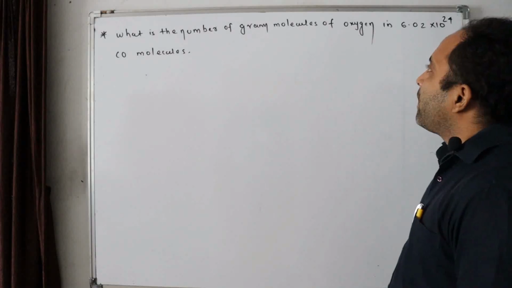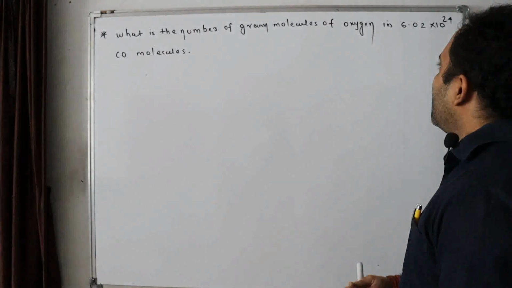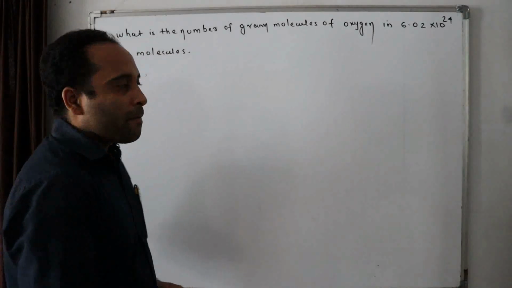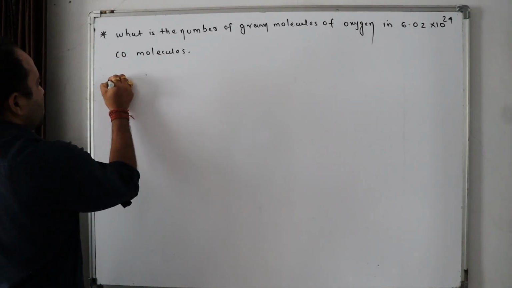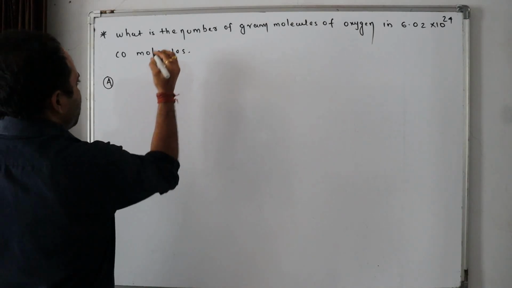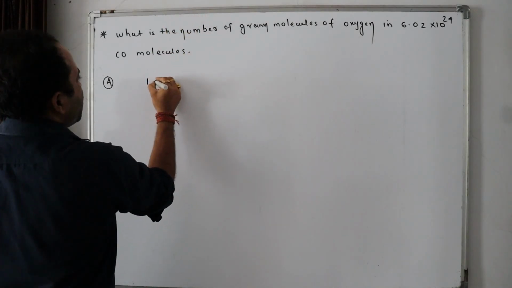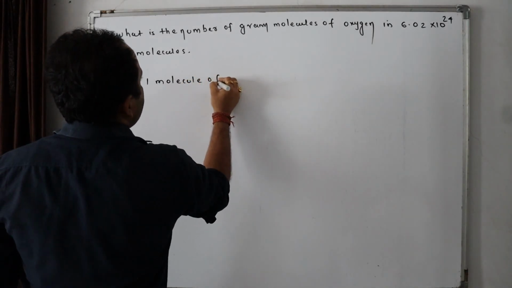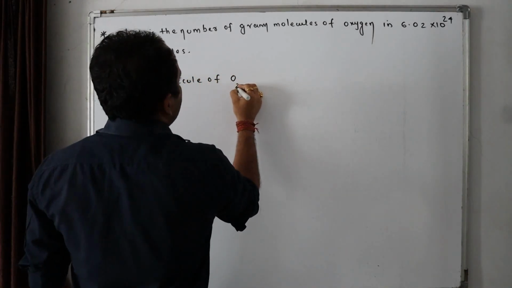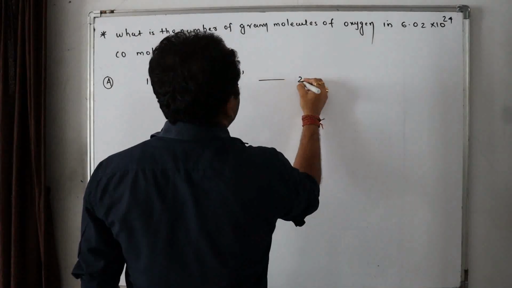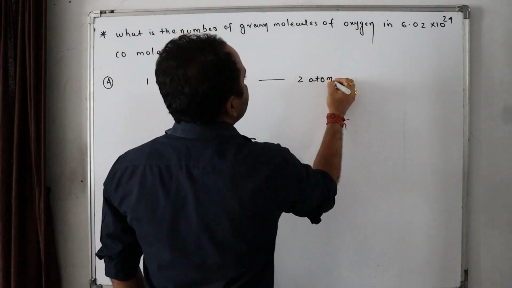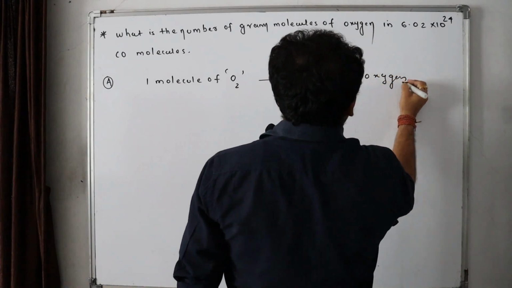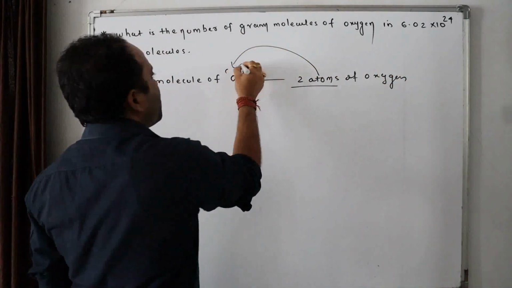What is the number of gram molecules of oxygen in 6.02 into 10 to the power 24 CO molecules? Okay. Now look at this. First, do you remember, if I say one molecule of oxygen, it contains two atoms of oxygen, isn't it? It means from two atoms I am getting one molecule.